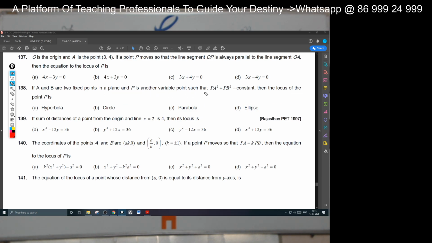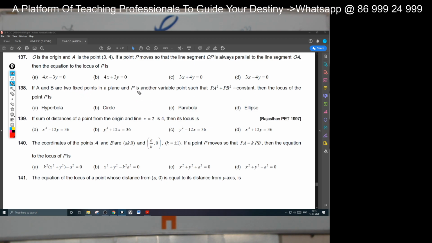P is another variable point such that PA square plus PB square is equal to constant. Then the locus of the point P is, okay. Here he asks for the shape of the geometrical figure, not the equation. Hyperbola, circle, parabola, or ellipse. Can you try that? It's a direct question, please.